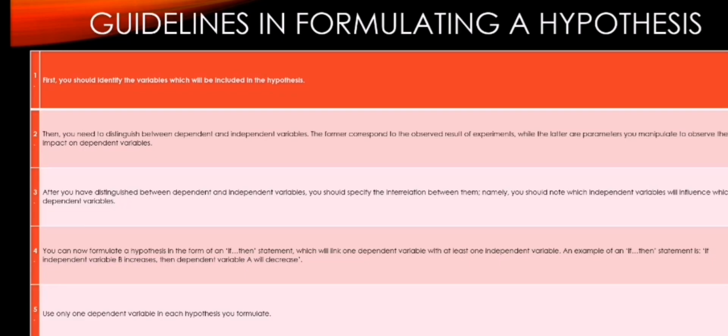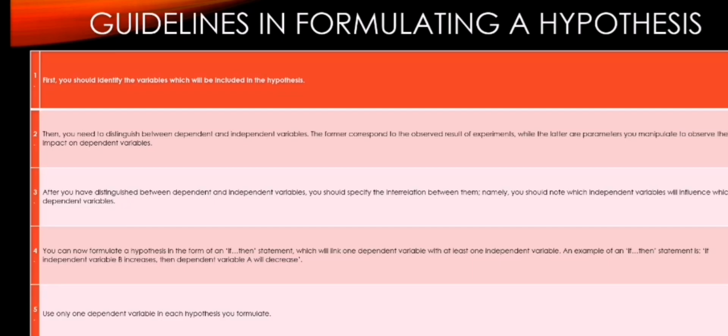These are the guidelines in formulating a hypothesis. First, you should identify the variables which will be included in the hypothesis. Then, you need to distinguish between dependent and independent variables.